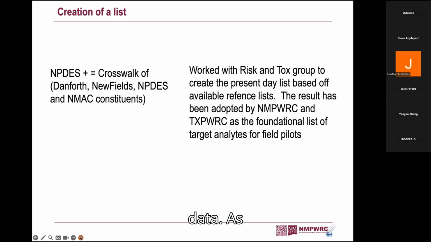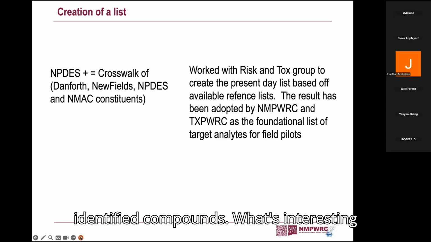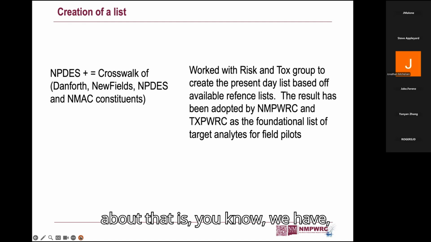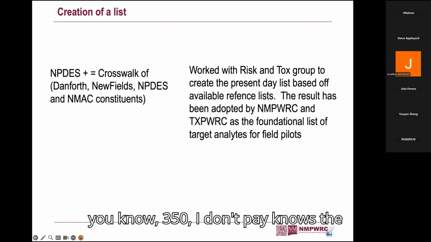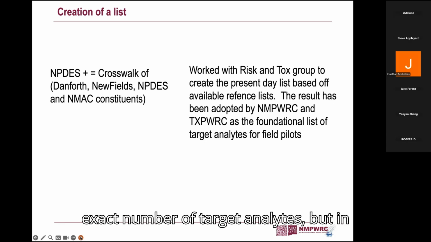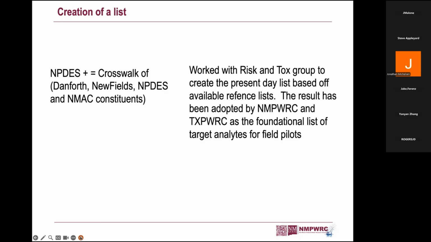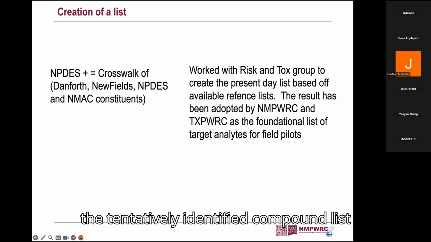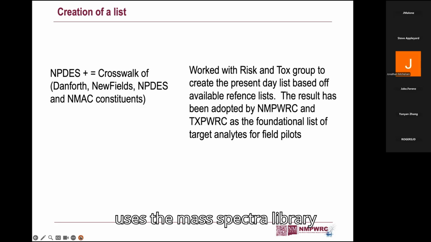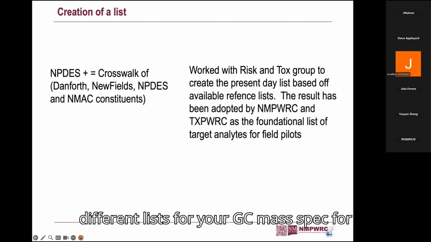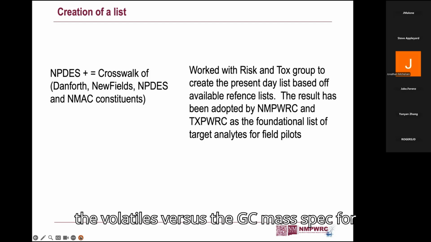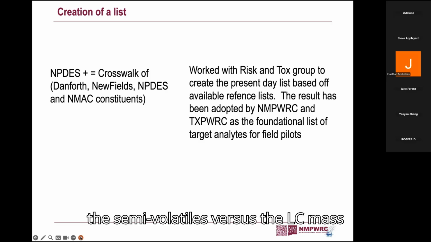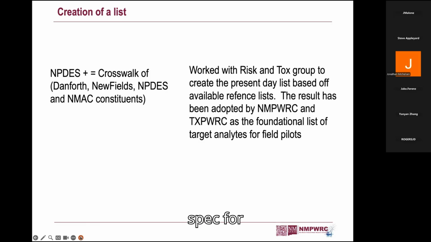As Dan said, TICs, your tentatively identified compounds. What's interesting about that is, we have 350, I don't know the exact number, of target analytes, but in addition to those target analytes, a tentatively identified compound list uses the mass spectra library for the instrument. So there's different lists for your GC mass spec for the volatiles versus the GC mass spec for the semi-volatiles versus the LC mass spec for those non-volatiles.